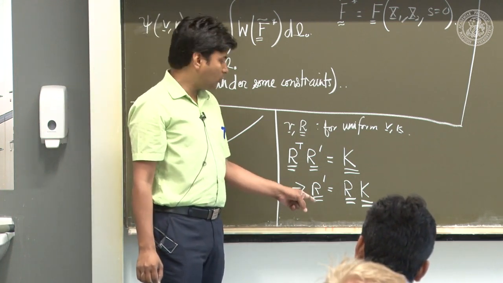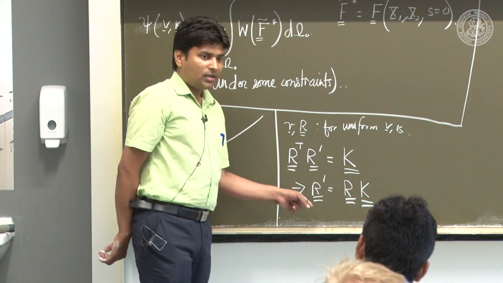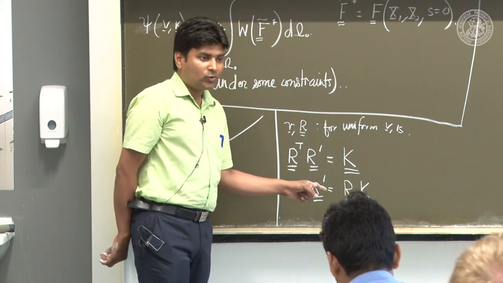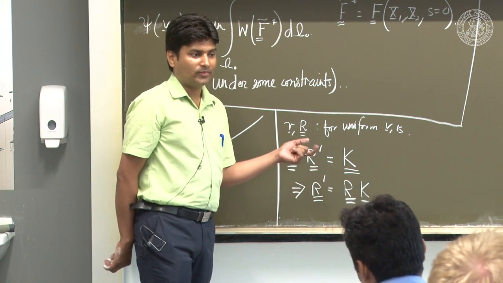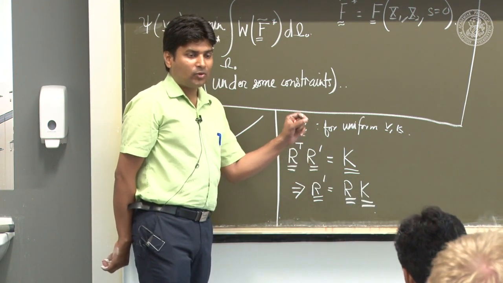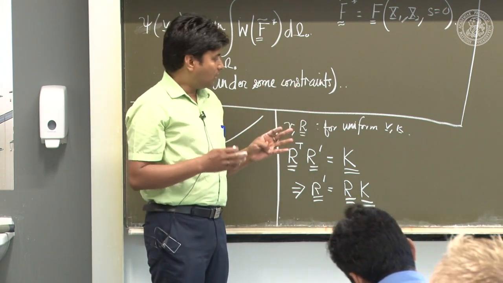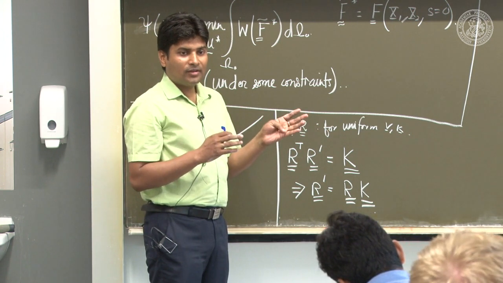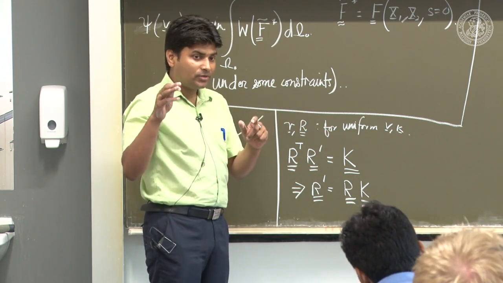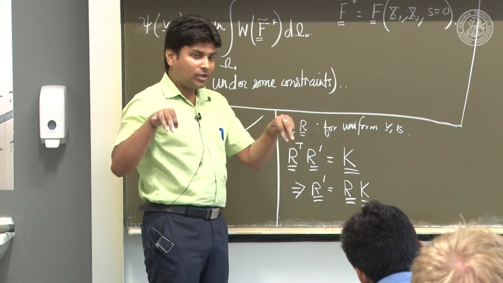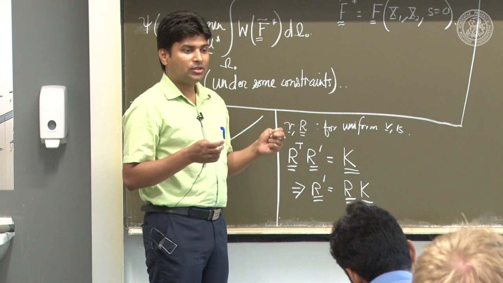And what will be the solution to this problem? This is very much like x prime equal to k times x. What is the solution to that problem? You do separation of variables, dx by x is equal to k times dt, then integrate on both the sides. What do you get? Exponential function, right?